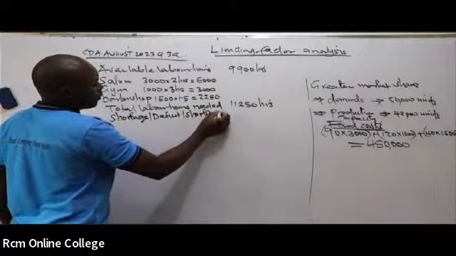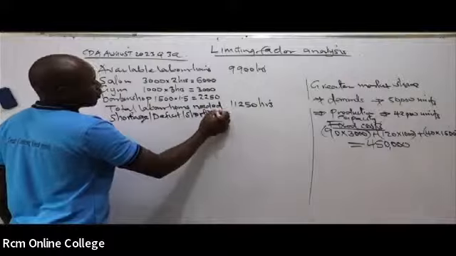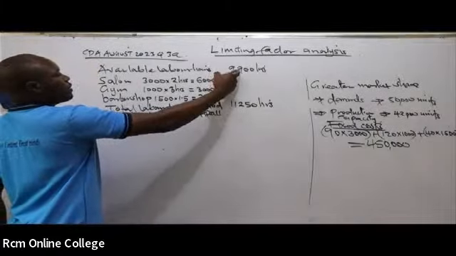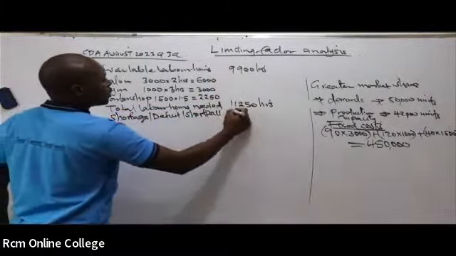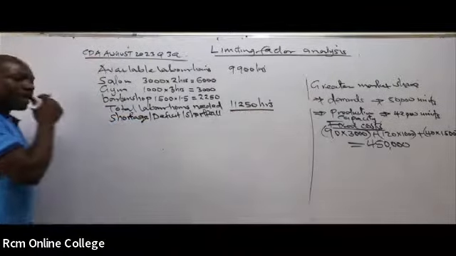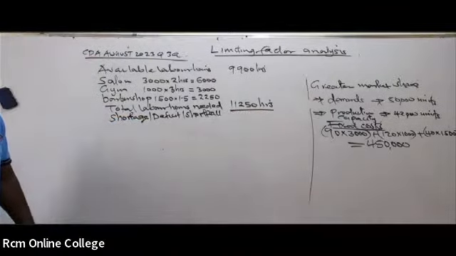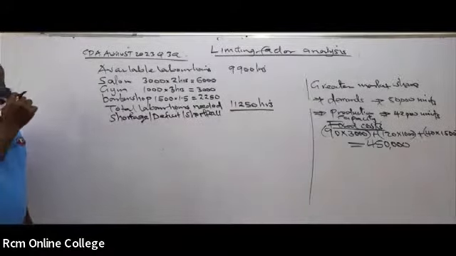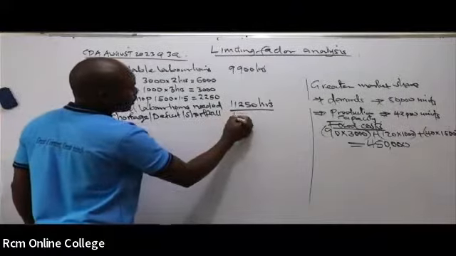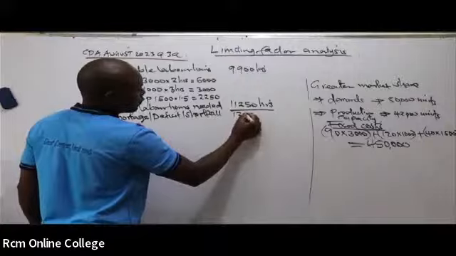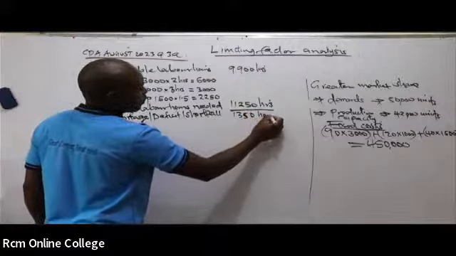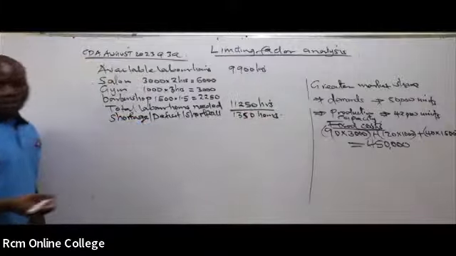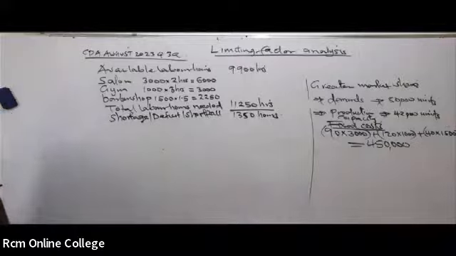So the shortfall here is the difference between what is available against what is needed. So how many labor hours are we lacking? We have a deficit of 1,350 hours.